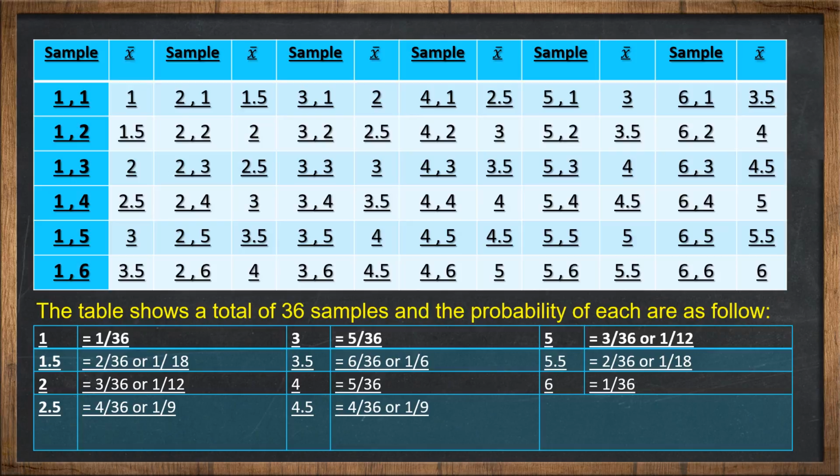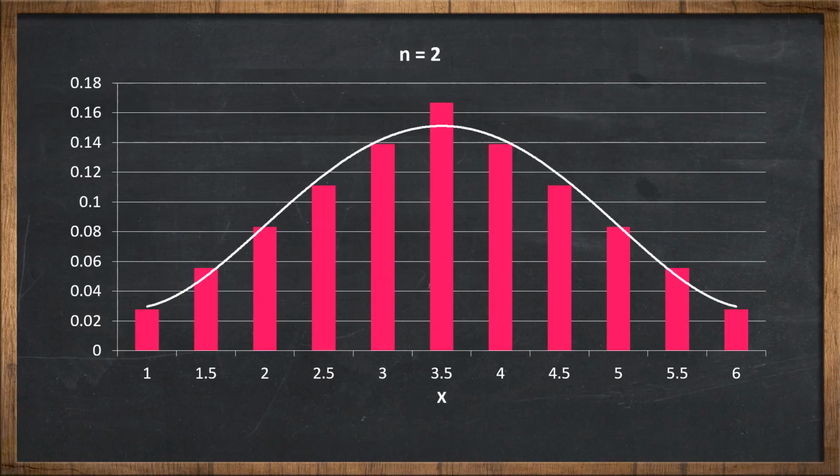So the table shows a total of 36 samples and the probability of each are as follows. Then this will be the given central limit theorem graphs. Okay?